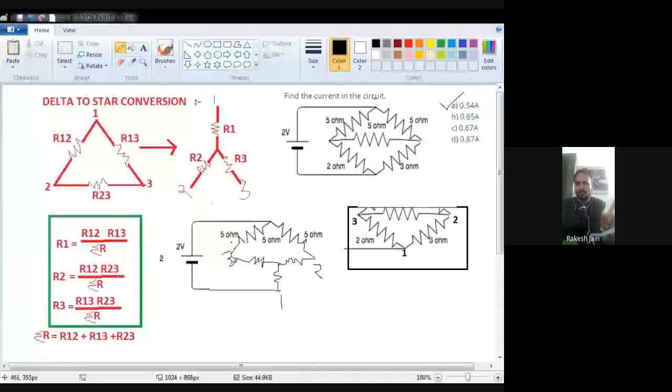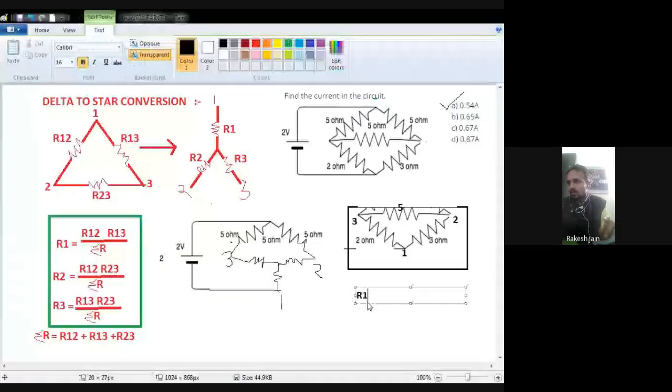Now what will happen? See very carefully. Now instead of this, if I choose this bottom as my delta network, in which the first node is this one, the second node you can choose any one. Let's suppose this is my second node and this is my third node.